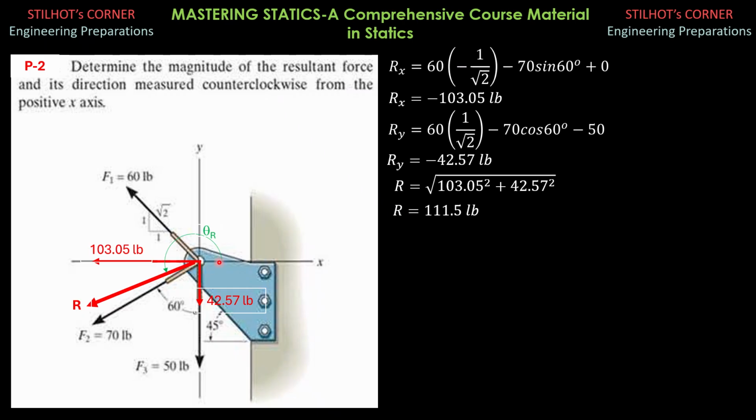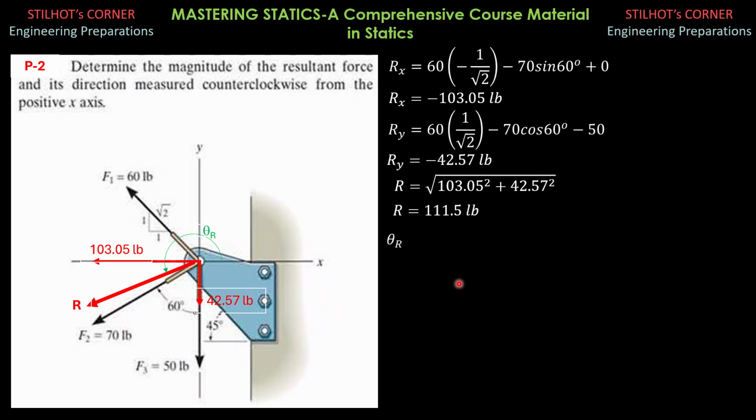So from the figure, theta R is 180 degrees plus arctan of the absolute value of 42.57 divided by the absolute value of 103.05. Remember, both are negative, so the absolute value means that these are positive.